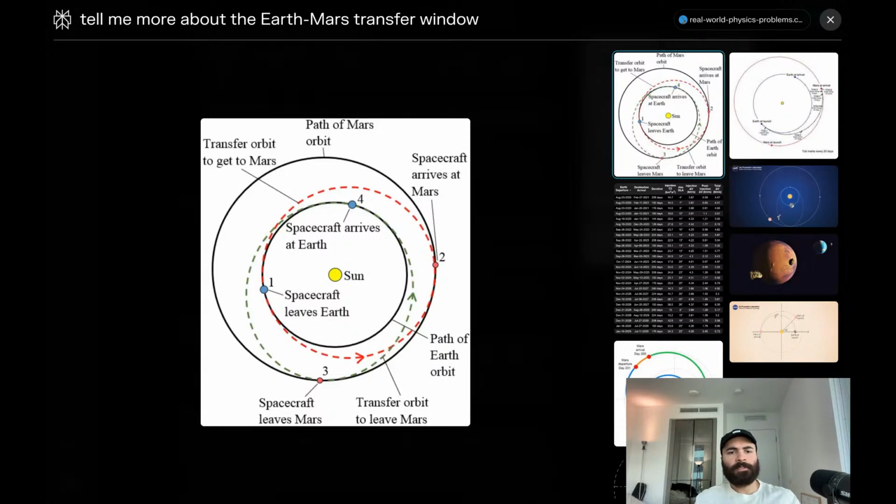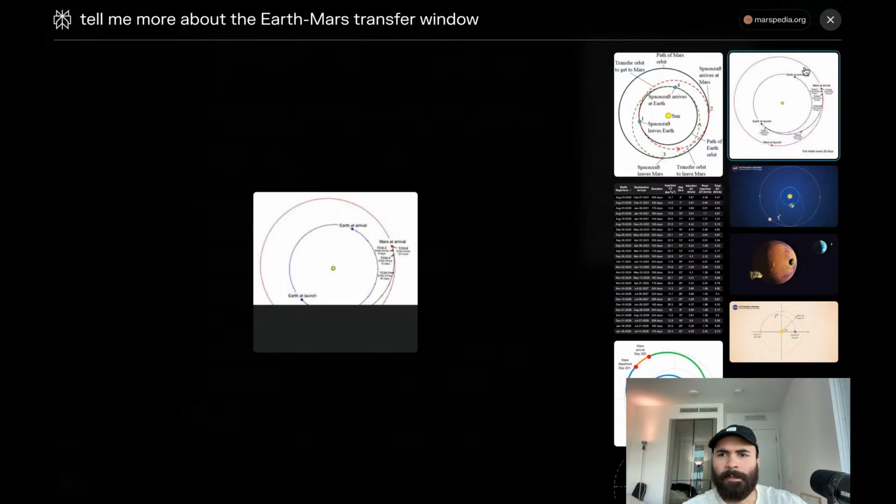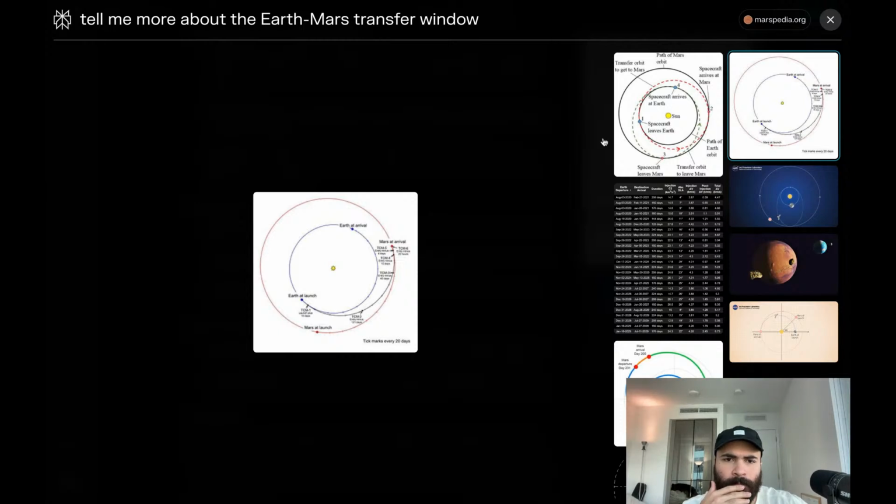This makes sense. Easy peasy. These are the two orbits, and you want a simple thing where you just go like this and reach here. That's it. So you just want to time it in a way that when you leave, you enter over here. Perfect.